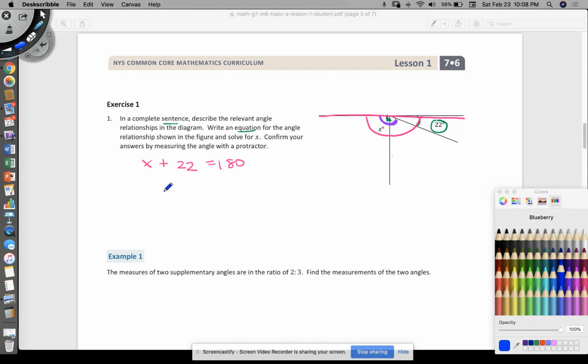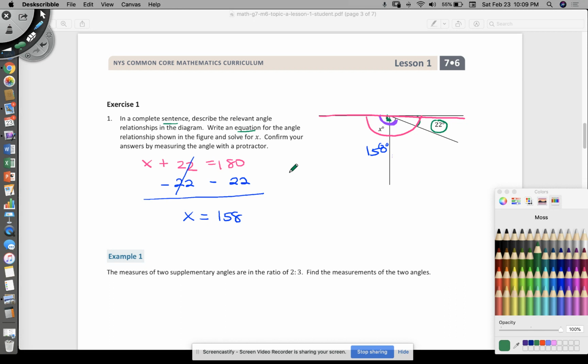So I take its opposite. So instead of adding 22, I'm going to subtract 22. And what you do to one side, you're going to do to the other side of the equal sign. So those cancel. My x falls down, and 180 minus 22 gives me 158 degrees. So this whole thing is 158 degrees.